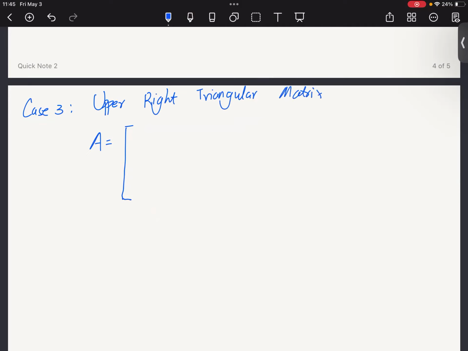And this time I have the non-zero entries at A11, A12, A13, and all the way to A1n, and then A22 and all the things in between, and Ann, and they are the non-zero part. Below the diagonal, all the entries are 0.